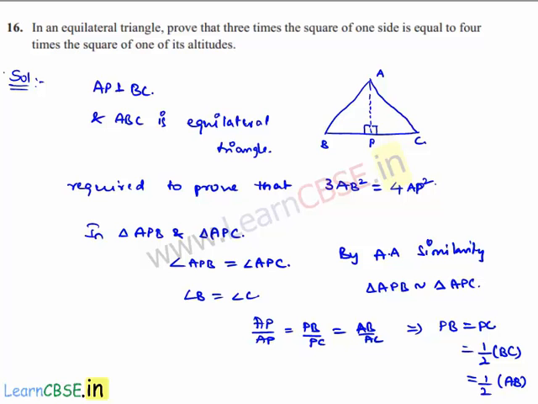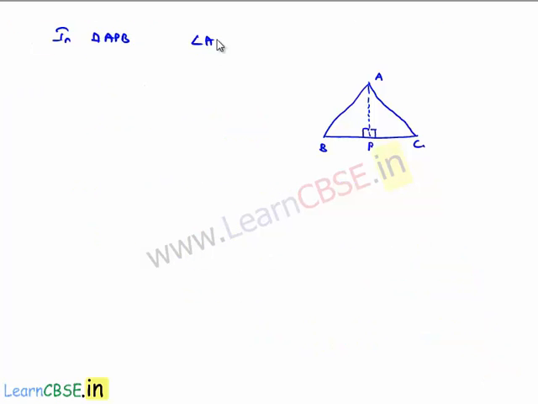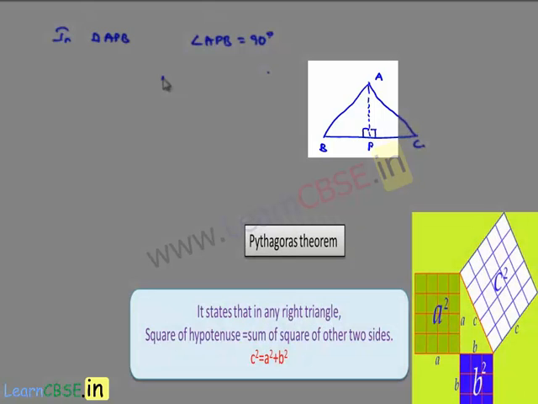Now if we consider the right angle triangle APB, angle APB is equal to 90 degrees. So here by applying the Pythagoras theorem we get hypotenuse square, that is AB square, is equal to the sum of squares of the other two sides, that is AP square plus BP square.